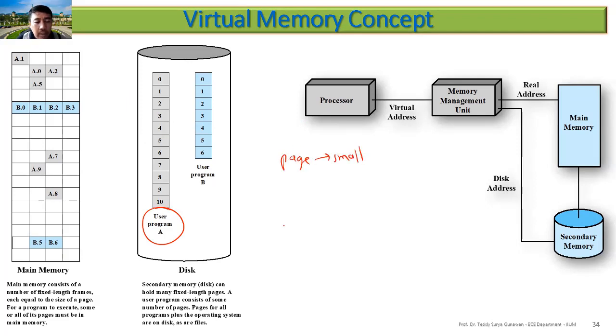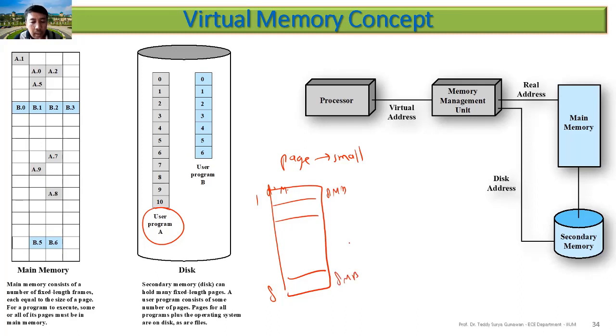Previously we had 64 megabytes divided into 8 partitions, 1 until 8, each one 8 megabytes. Now with paging, we make the slots as small as possible. Let's say we make it 1 megabyte.